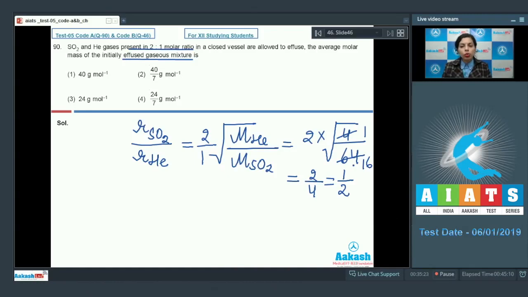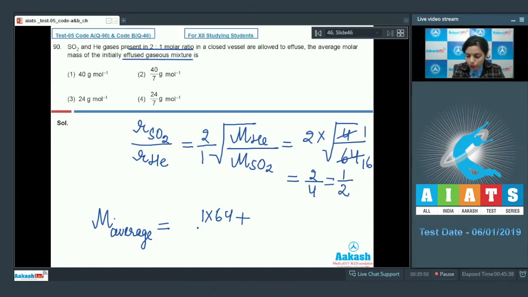It means one part of SO2 is effused out while 2 parts of helium would be effused out. Now we should find out the average molar mass. So the molar mass, that is average, we are taking here for the effused gases. One part of SO2 is effusing here. One part of effusing SO2 means 1 into the molar mass of that SO2, 64, plus 2 parts of helium is effused, that's why 2 into 4, divided by the sum of the ratio that is 3.